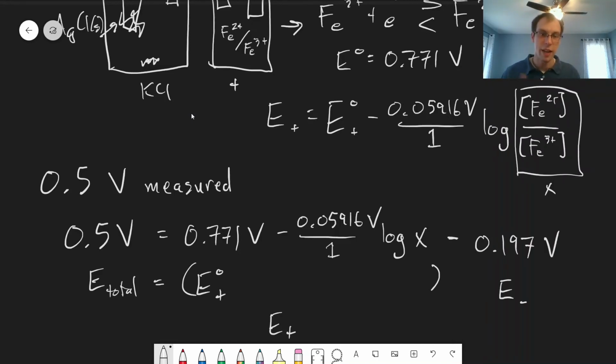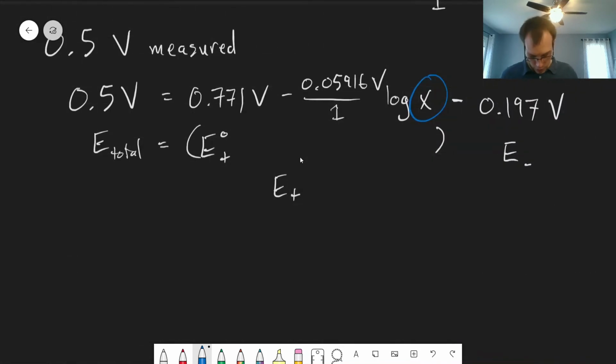So that is not the standard potential, but that is the actual potential, right? So the potential compared to hydrogen for the silver chloride reference electrode. So we can see x here. This is our one unknown. We can go ahead and solve this equation. All right, and once we do, we'll know the ratio of these concentrations.